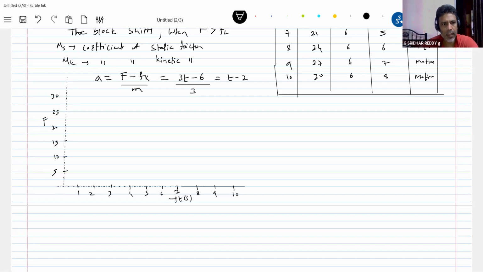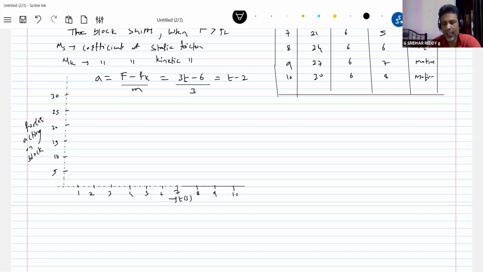Okay, these are the things now. Let me plot the graph: applied force as well as the frictional force, both. These are the forces acting on the block, both friction as well as everything. I'm showing it here now.